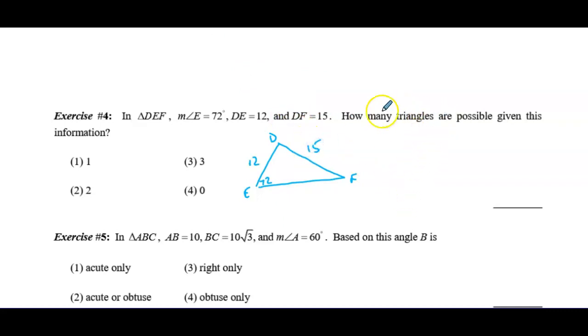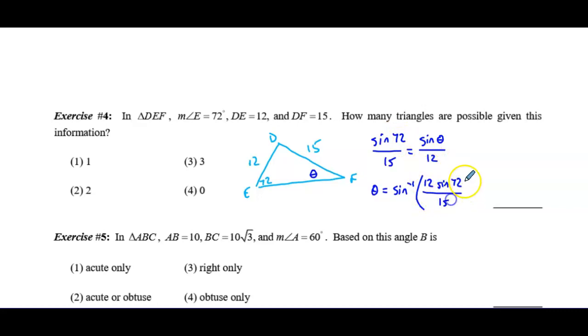Okay, how many triangles are possible given this information? Well, because that opposite side is longer, I'm pretty sure it's just going to be 1. But let's check it one more time. So I have sine 72 over 15 equals sine theta over 12, and let's call this angle F theta. So my theta is going to be the inverse sine of 12 sine 72 over 15.